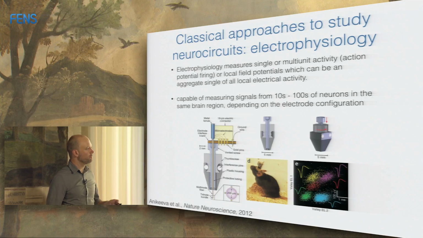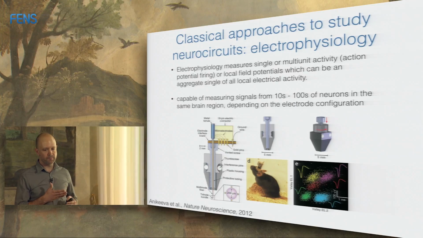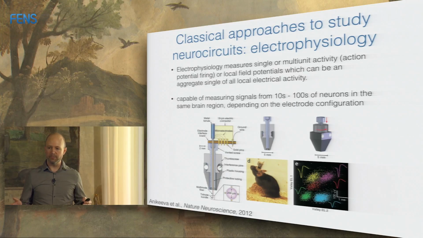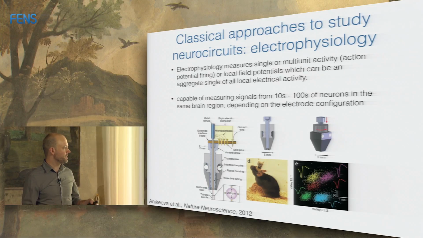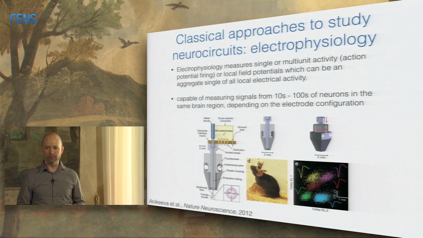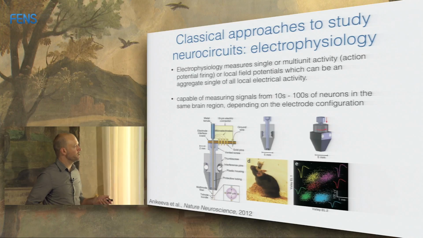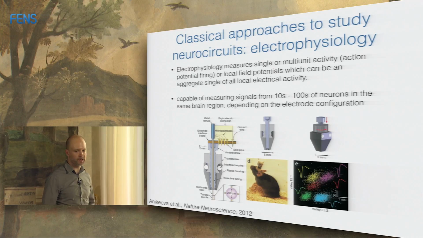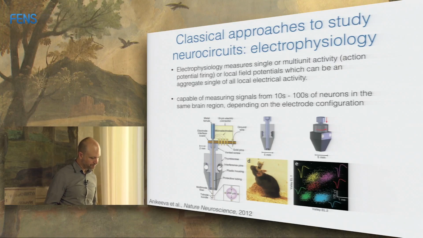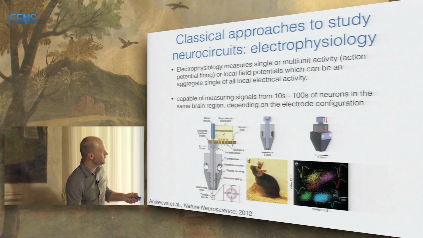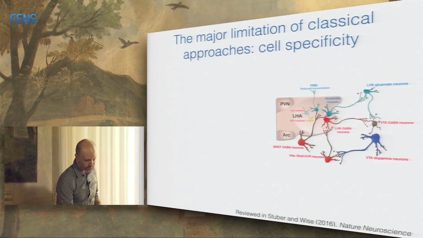Again, this is usually done from all neurons within the brain region, and it doesn't necessarily tell us what type of cell you're recording from, although there are some twists that have been developed so we can start identifying the different cell types that we're recording from. We'll come back and talk more about in vivo electrophysiology in a minute.